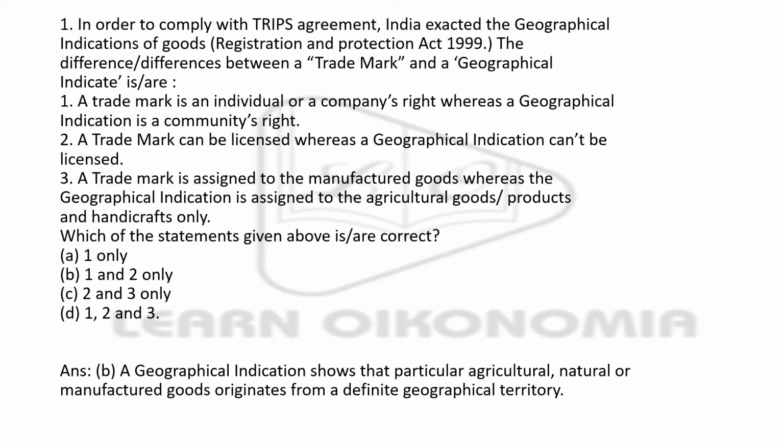It is not only related to agricultural products, it is also related to industrial products, or products which are manufactured in a particular region. The region is important, area is important, geography is important. So that's with respect to geographical indication.